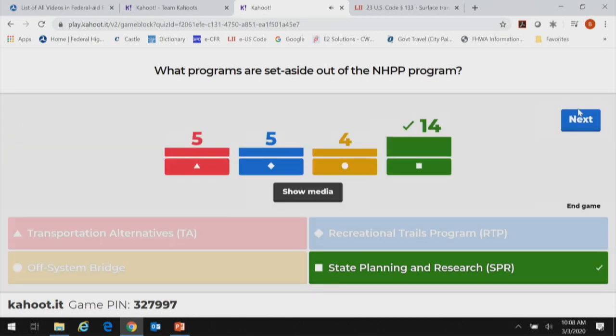Yeah, so remember on the set-aside slide, we have our 5 programs. There are no set-asides that come out of PL, but for the other 5 major programs, SPR comes out of each one of those. STBG has all of these other set-asides. So rec trails, transportation alternatives, and off-system bridge, those all come out of STBG.